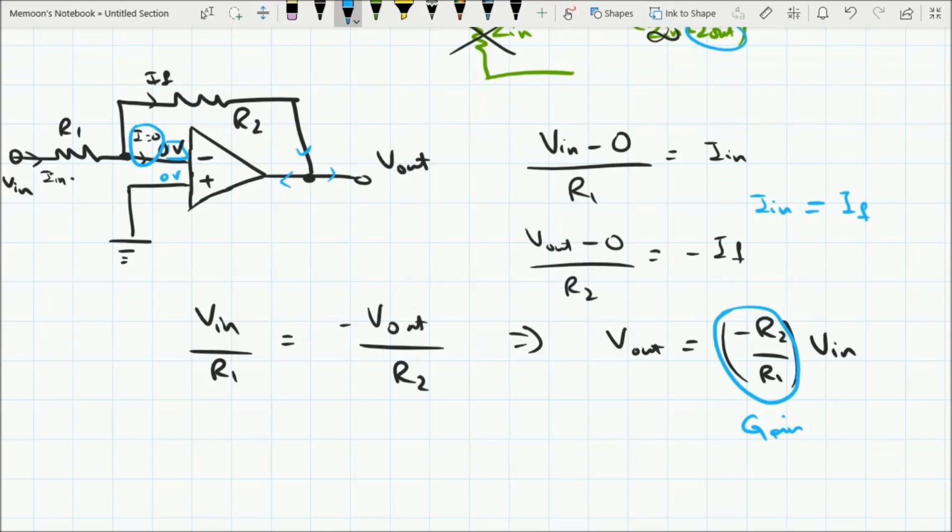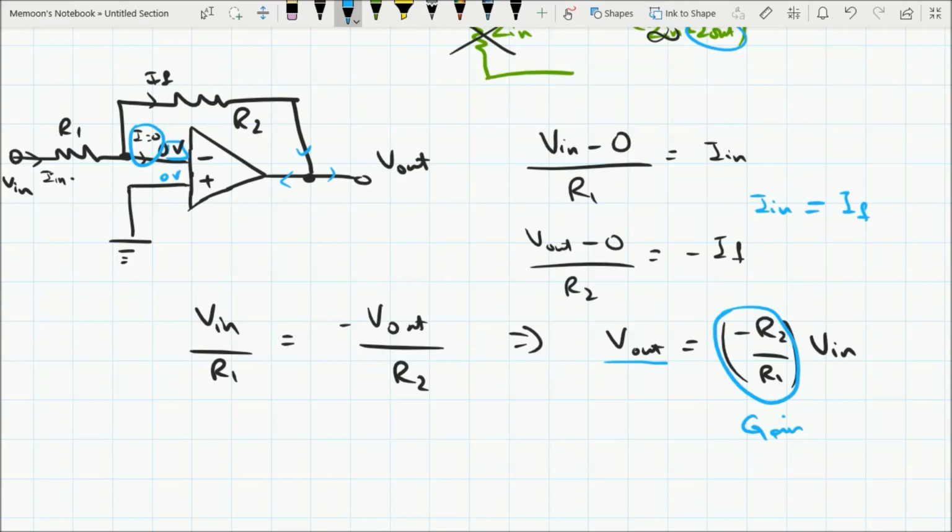So now we have a tunable gain. We can set the value of R2 and R1 to whatever value, and based on their ratio we can get whatever gain we want, as long as V out is within the saturation limits.